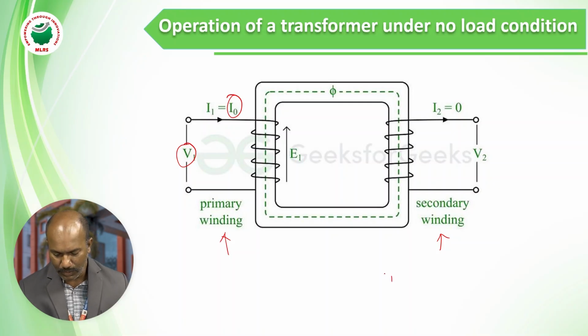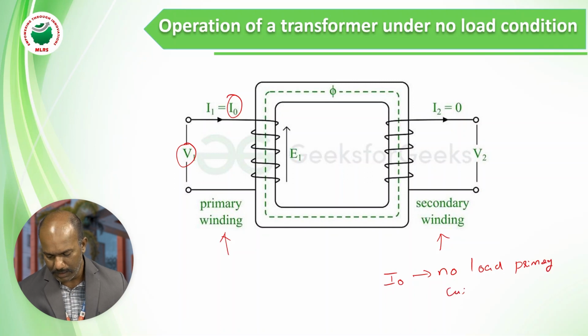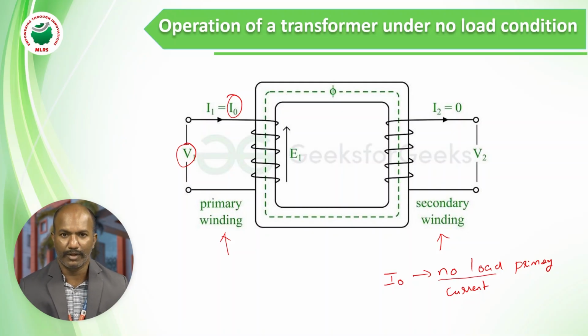I0 means no load primary current. Since the secondary winding is not connected to any load, some current is flowing in the primary winding. This current is known as no load primary winding current.